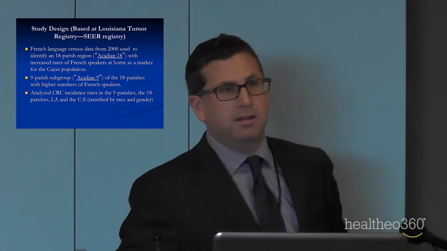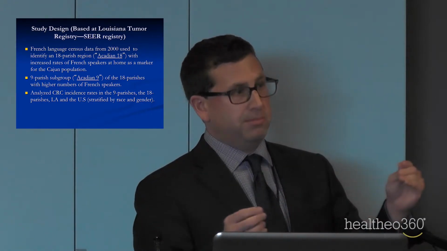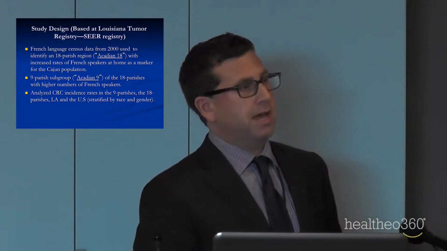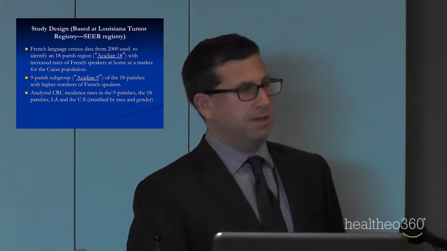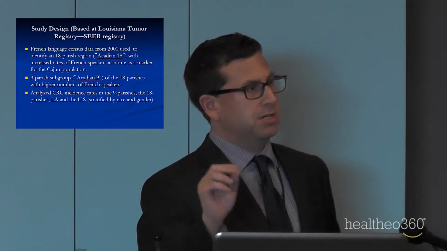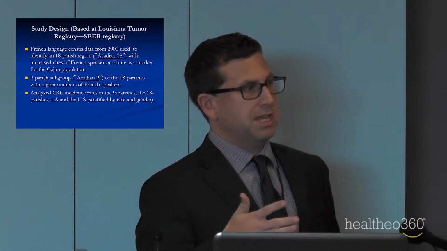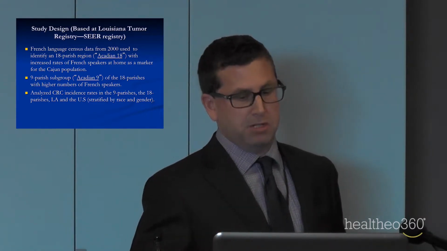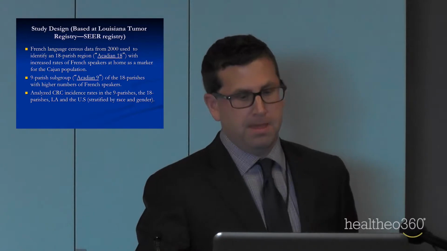And then we looked at a subpopulation with much higher rates of French ancestry and French speakers. Then we simply looked at colorectal cancer rates in that 9-parish region, the 18-parish region, Louisiana, and the US, and we wanted to see what would happen. And we stratified by race and gender.